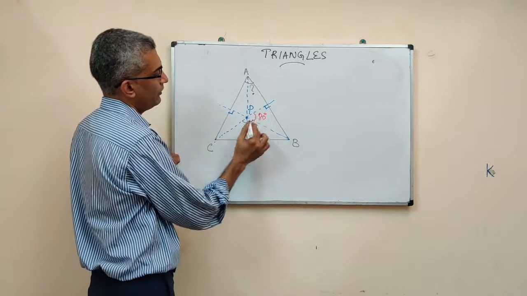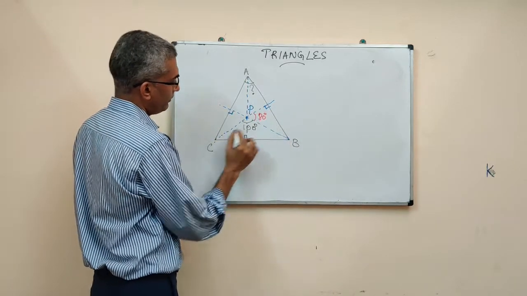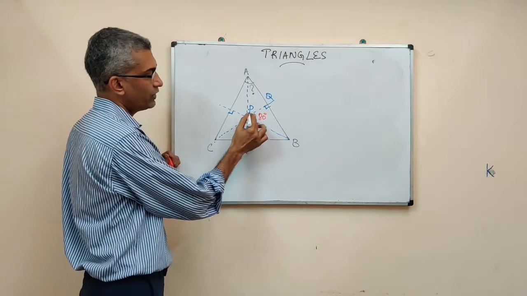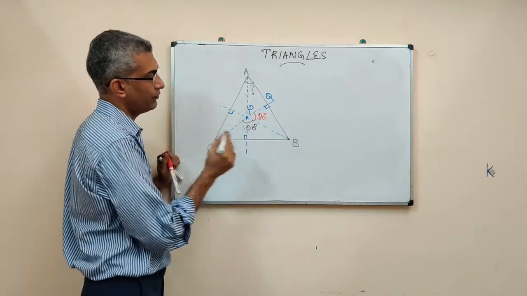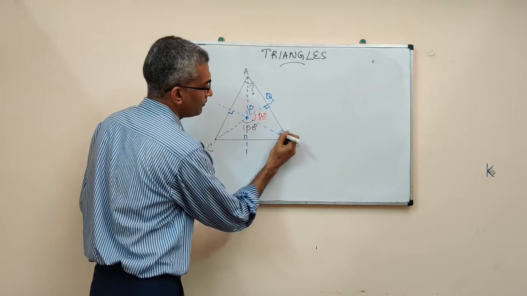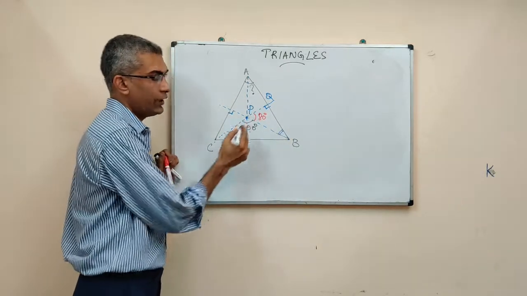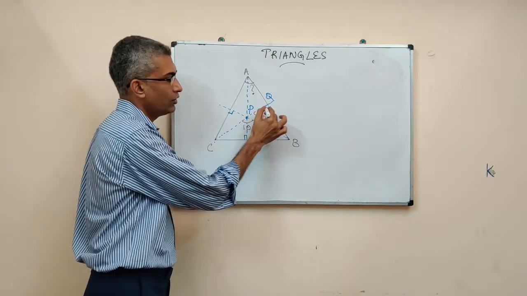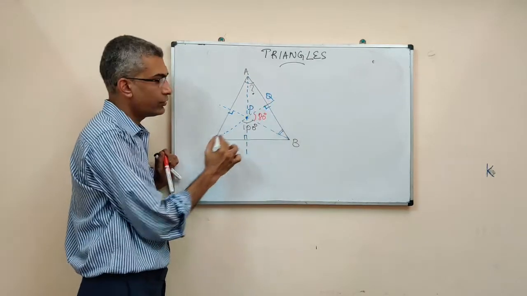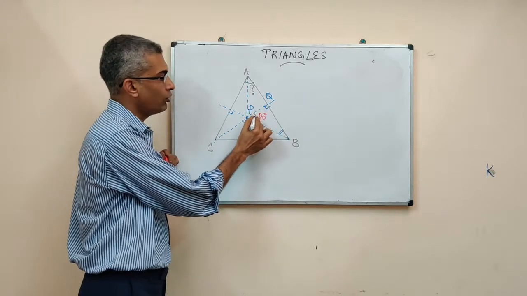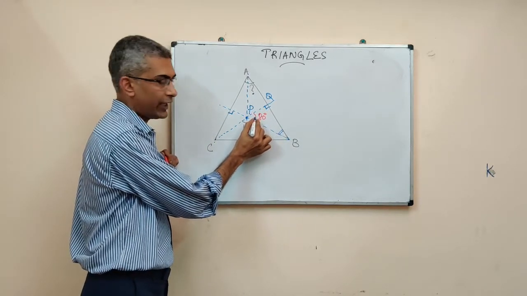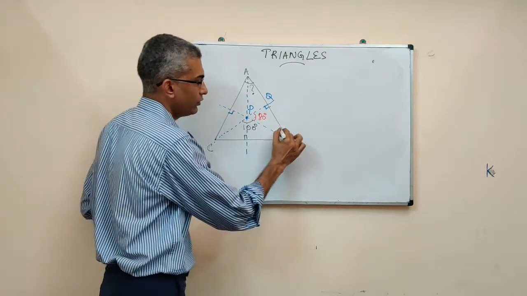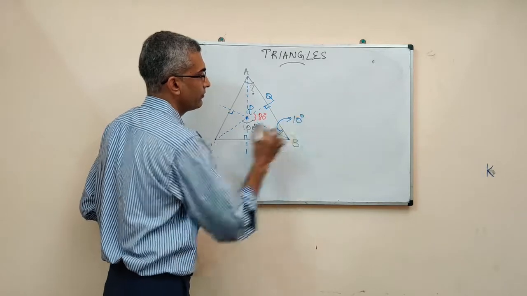Now if you look at this triangle, let me mark this point as Q. If you consider the triangle PQB, can you tell me this angle? In a triangle, the sum of the three angles should be 180. CQ is the altitude, that means this angle is 90. We already know that this angle is 80, so 90 plus 80 makes it 170. So this angle should be 10 degrees.